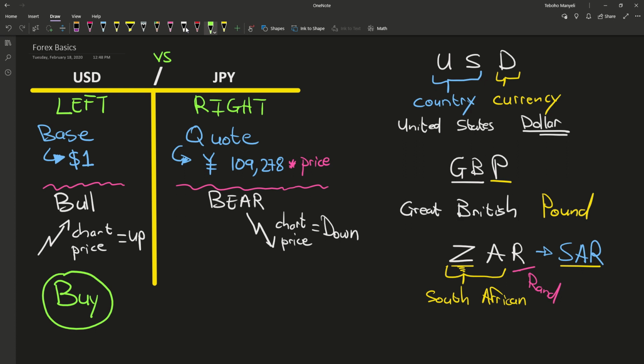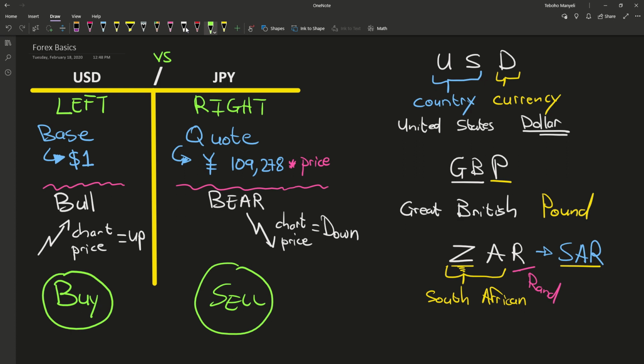As soon as you press those buttons, you've confirmed that you're with the currency on your left. And if you press sell, you are saying I'm going to be making money as the chart goes down, and I'm a bear in this market. That's what it simply means. With buy and sell, you're just choosing which currency you're for. Buy for the left, sell for the currency on your right.